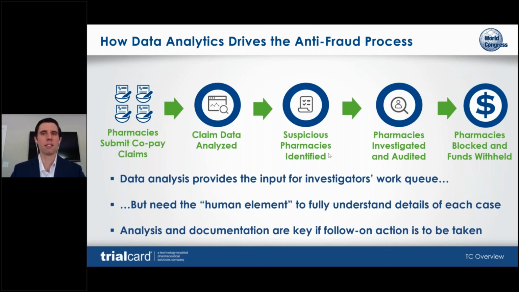Another thing I wanted to highlight, and I don't have it specifically called out on here, is looking at data sources outside of just copay claim activity. And we'll get a little bit into this when we go into the manufacturer and copay program provider collaboration strategies.